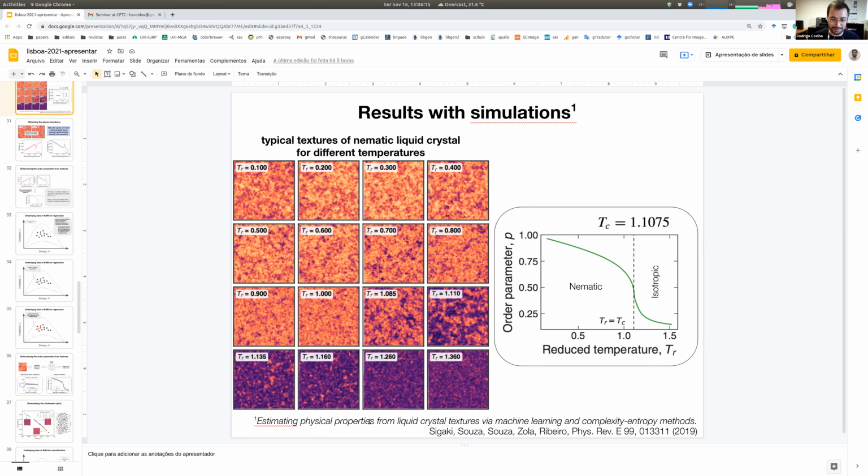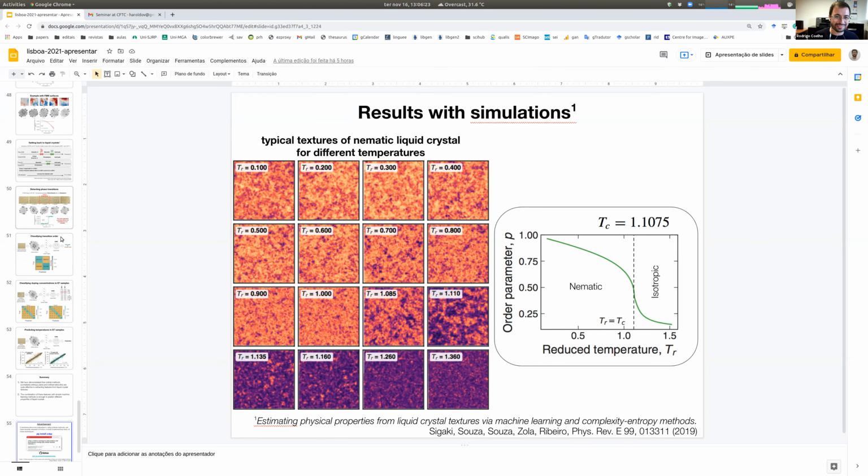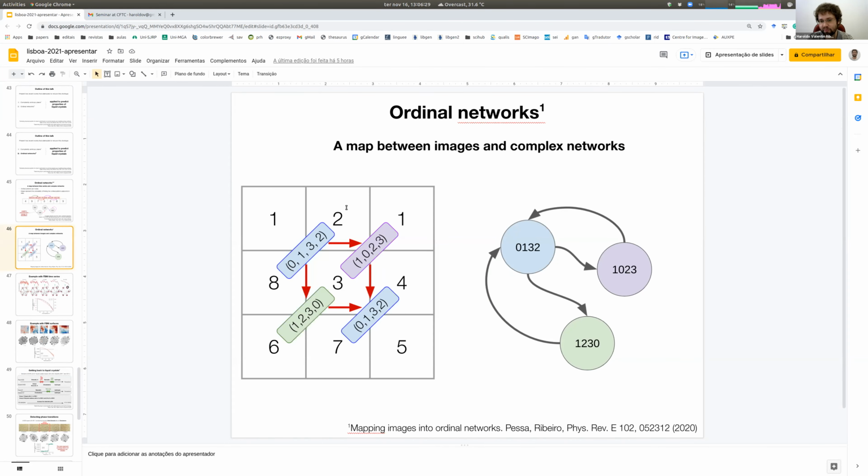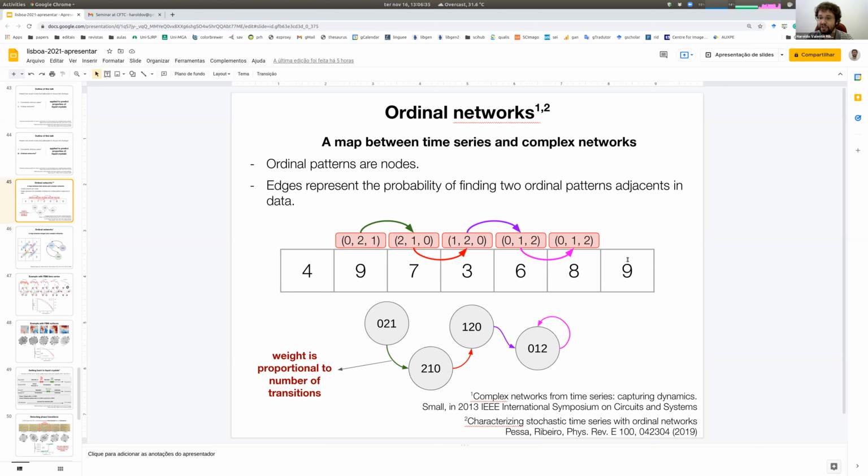And another naive question. How do you choose the number of nodes in this ordinal network to avoid overfitting? The number of nodes is actually the number of unique permutations that appear in the representation of the image or of the time series. In this particular example, you have 5 permutation symbols, but you have 2 of the same type, so we have 4 unique permutations, and that's why we have an ordinal network with just 4 nodes.